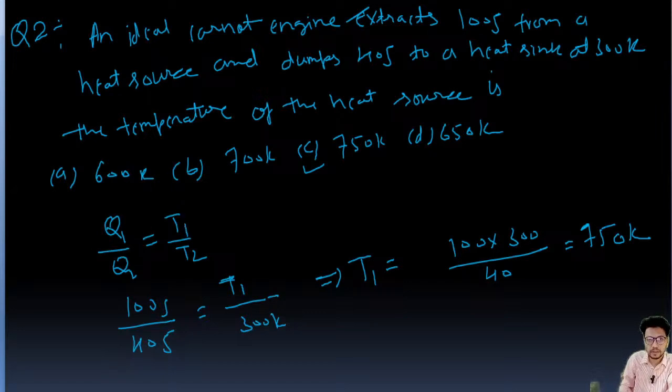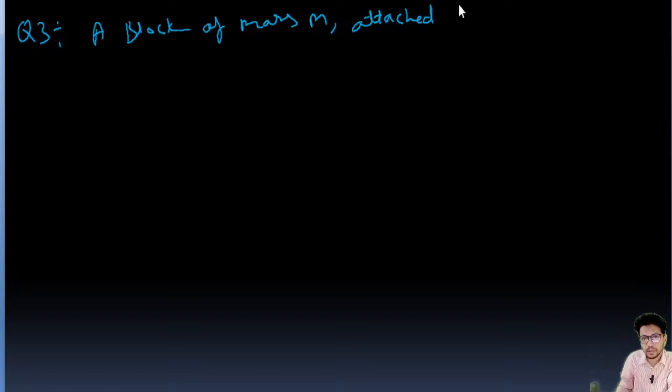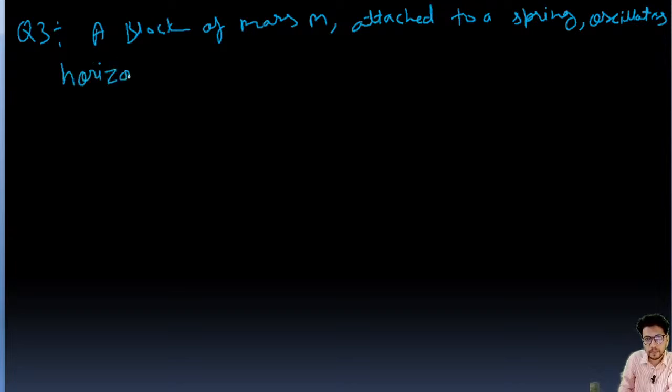Question number 3. A block of mass m attached to a spring oscillates horizontally on a surface.